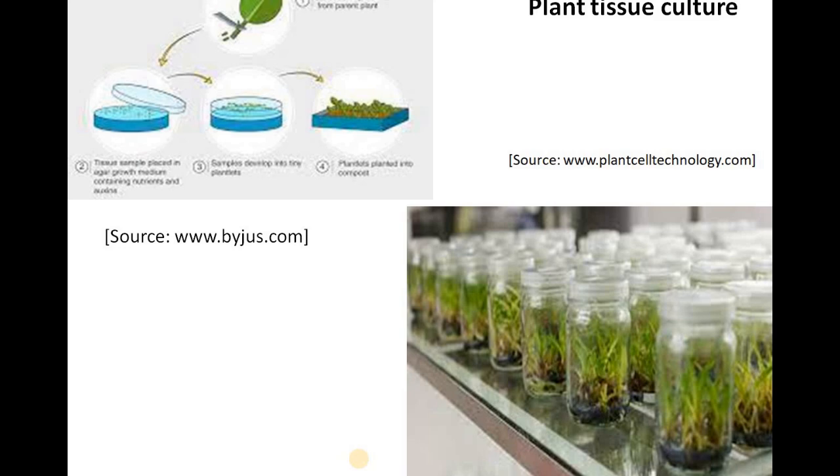Under plant tissue culture, basically a plant tissue or organ like the shoot tip, a part of the leaf, nodal region, or a floral organ like the embryo, ovule or ovary is collected under aseptic conditions.